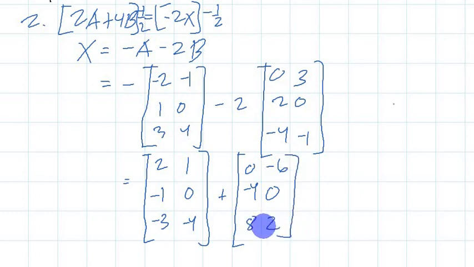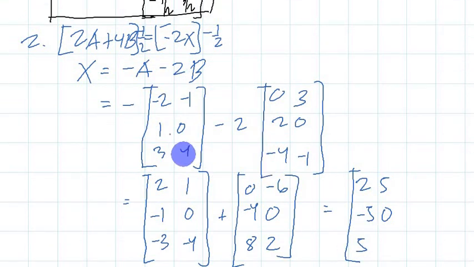There you go. And adding these two matrices, we're going to have 2, 5, negative 5, 0, 5, and oops, this should be negative 4. We forgot it there. So if this is negative 4, this should be positive 4. There you go.